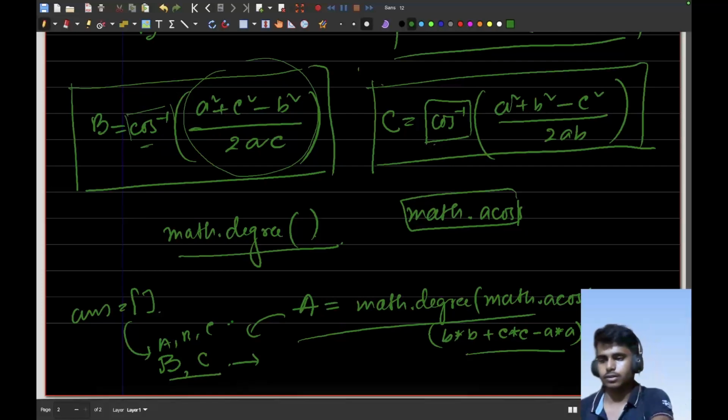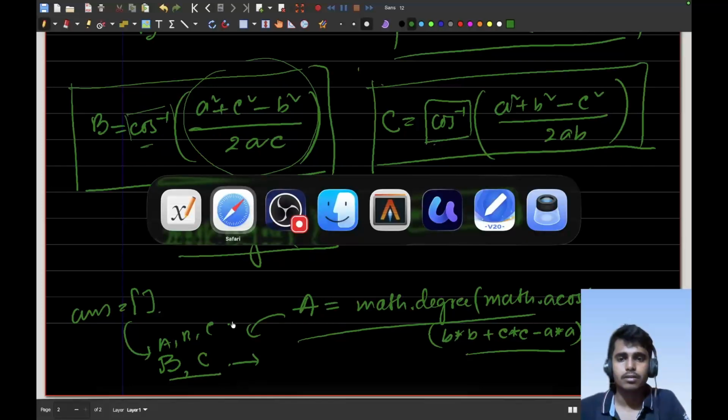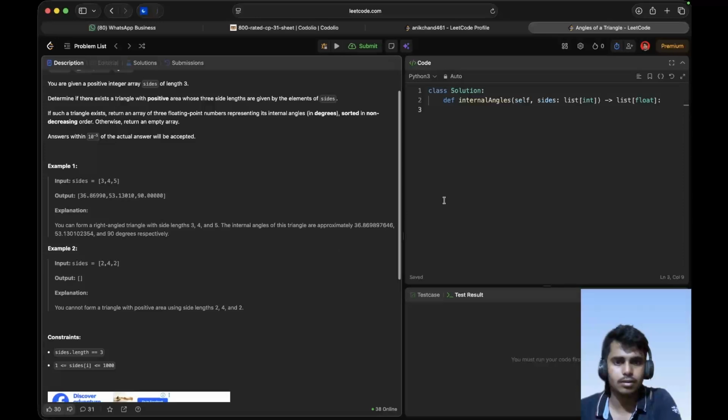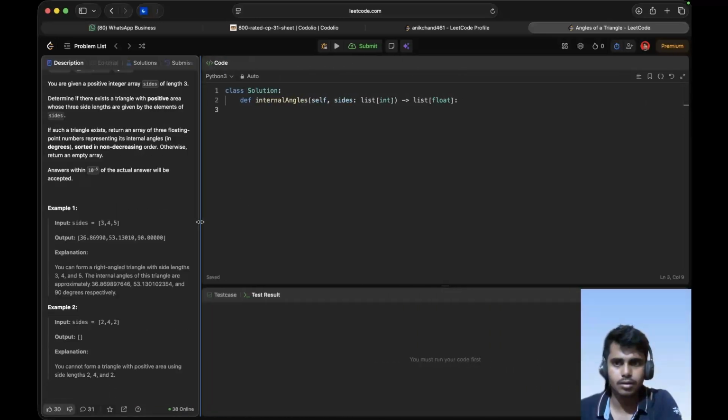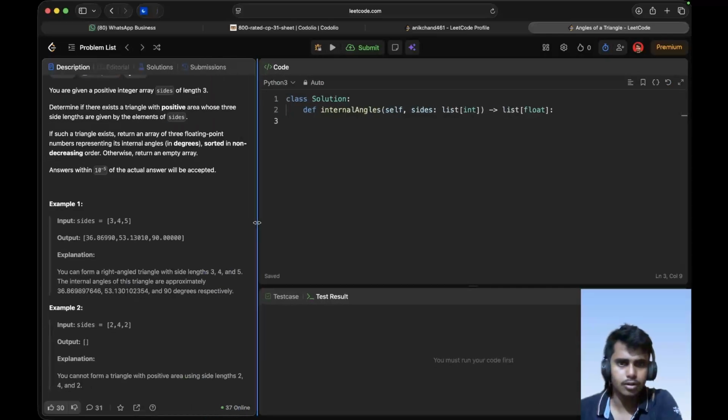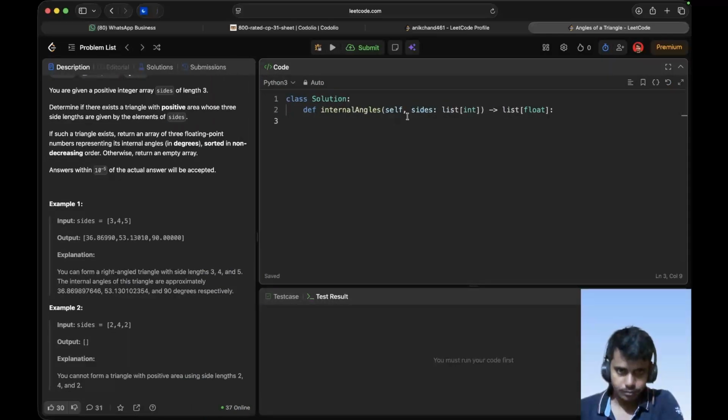Okay, so let's try the question. The sides are given. Sides means an array of 3 integers, the 3 sides.